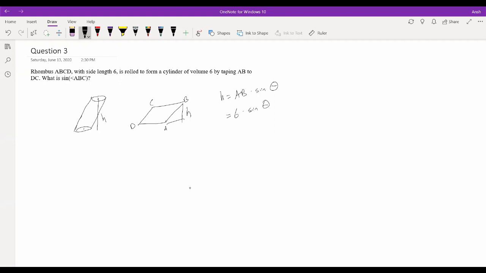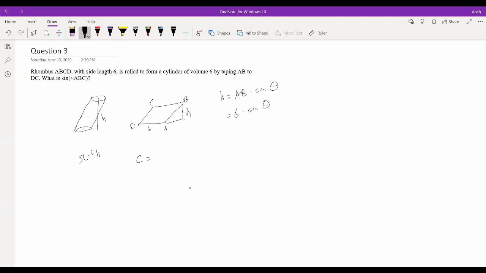Knowing this, we can combine this with what we know about the volume of the cylinder. The volume of the cylinder should just be base times height, where the base is just pi r squared. What's the radius of the base? We know that the circumference of the circle should just be equal to one of the side lengths, since we're taping AB to CD.